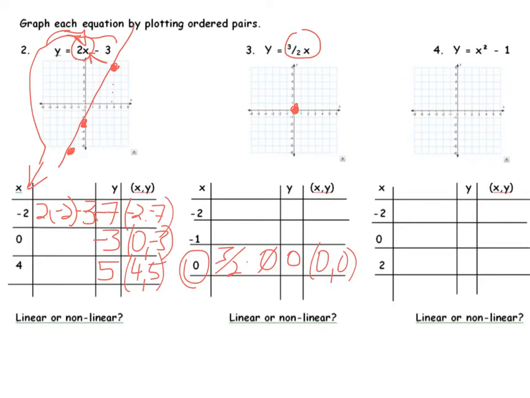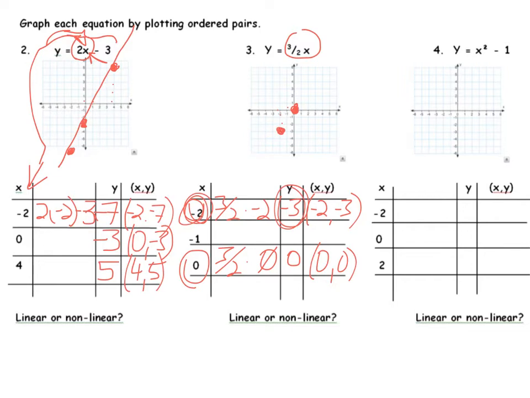If I try negative 2, I get 3 over 2 times negative 2. That's going to be 2 times 3 is 6, divided by 2 is 3, so I just have negative 3. And so x, the thing we plugged in, was negative 2, and y is negative 3. So let's find that. We go backwards 2, then we go down 3, and there's my other point.